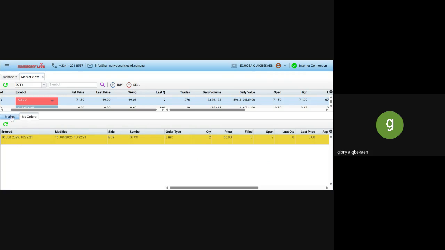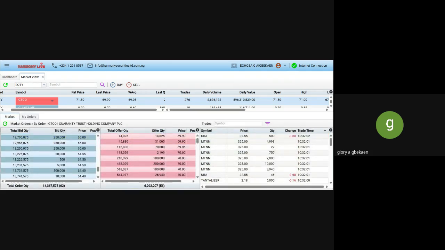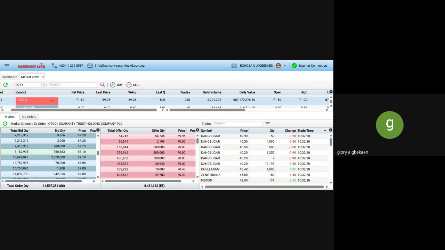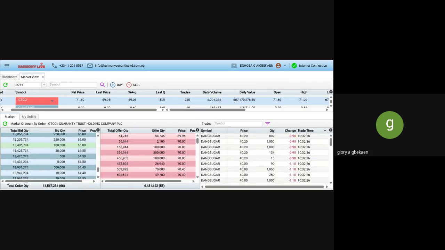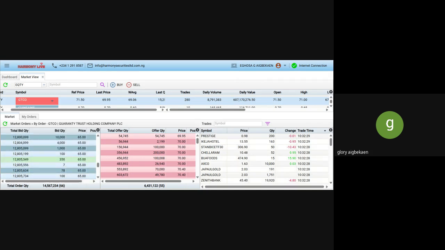But let's go back to my market. The order I just placed, we can refresh and let's see whether it's there. You remember that I used 65 naira in placing that order. Yes, it is there.